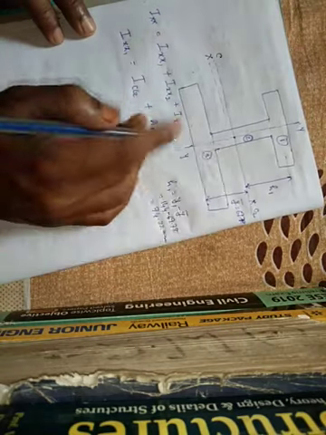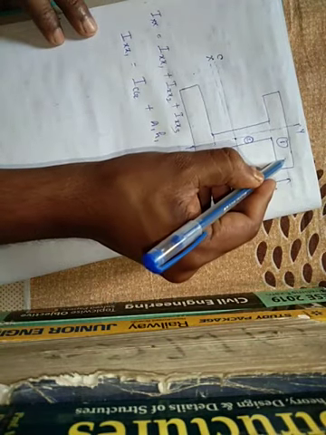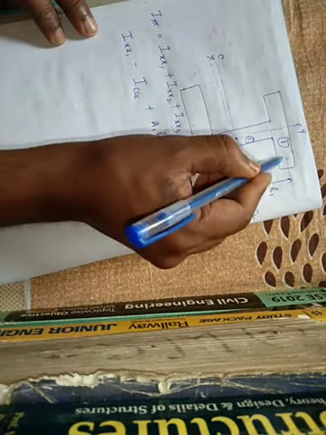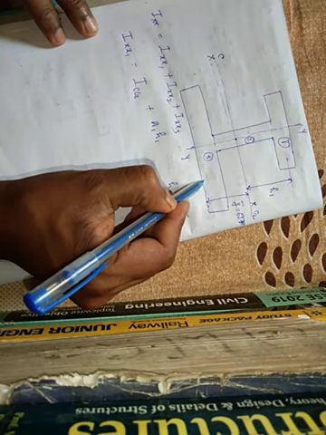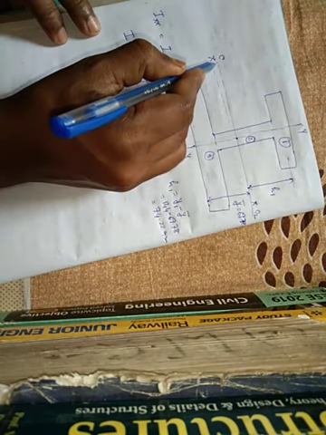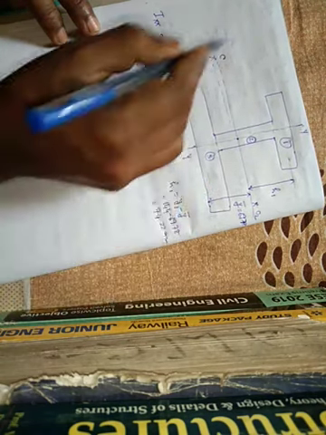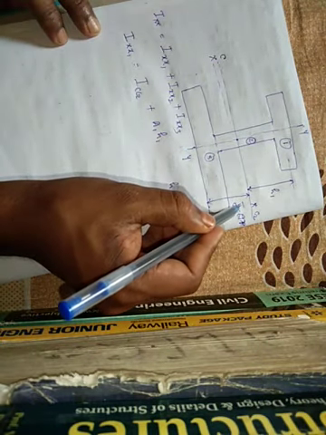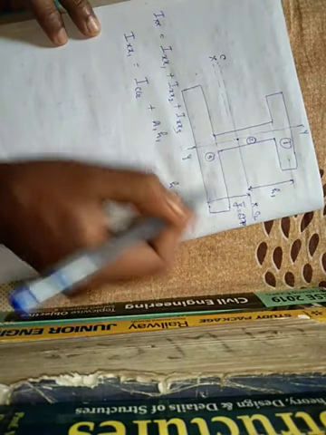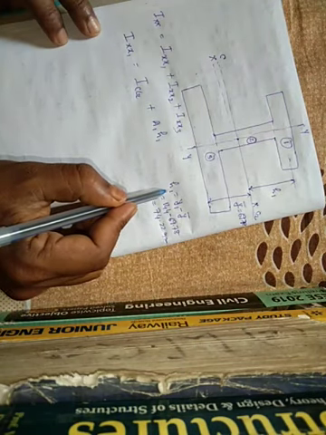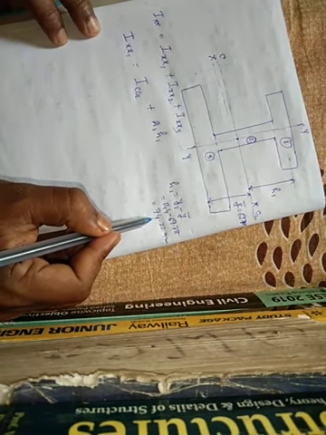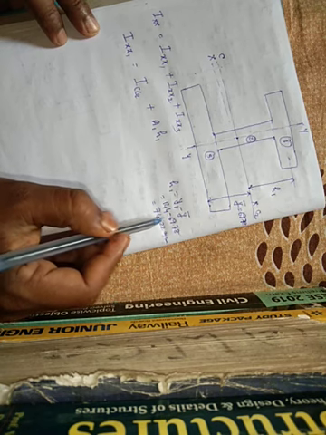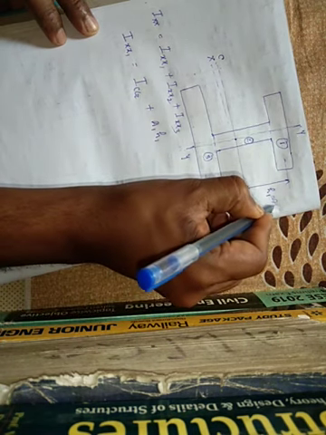So H1 is the distance from the CG of the top flange to the CG of the whole section, y1 minus y bar, which is equal to 74.22.